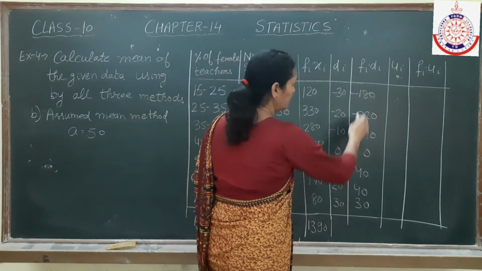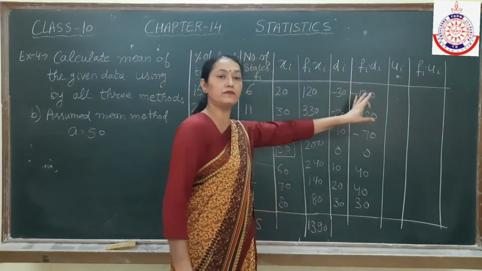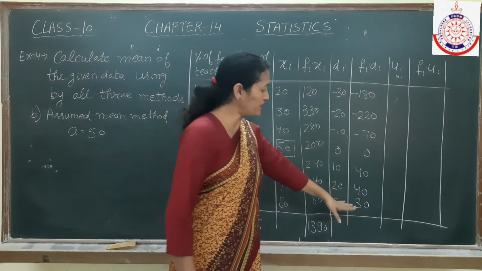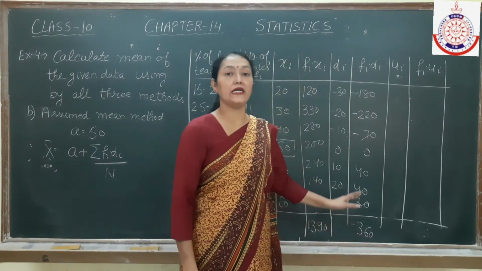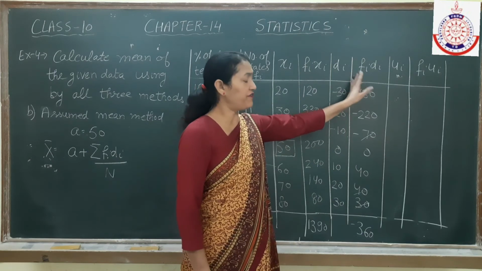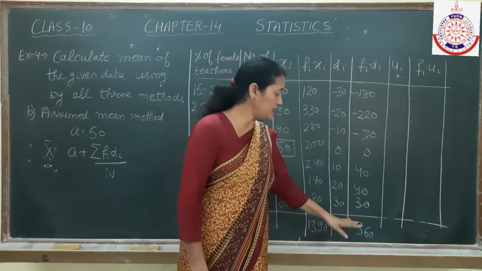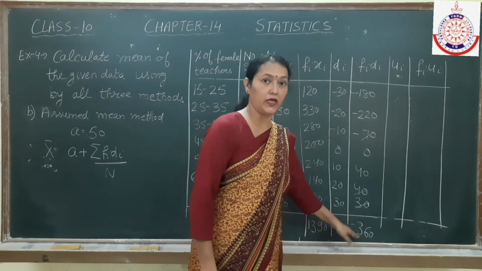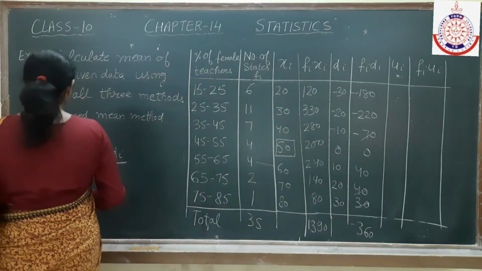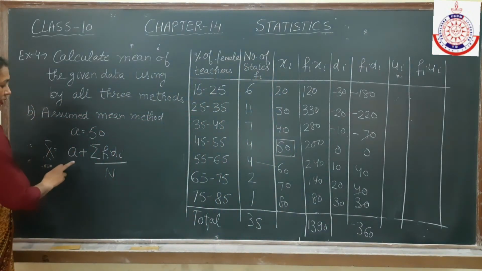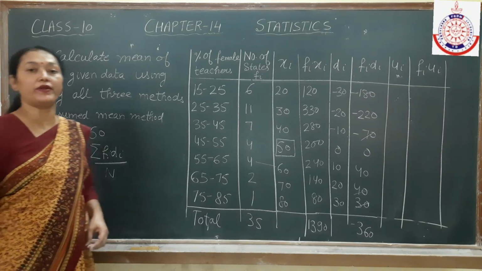So again, adding the negative terms separately and positive terms separately, we get sigma Fi di as minus 360.